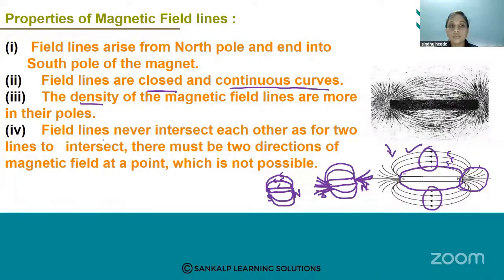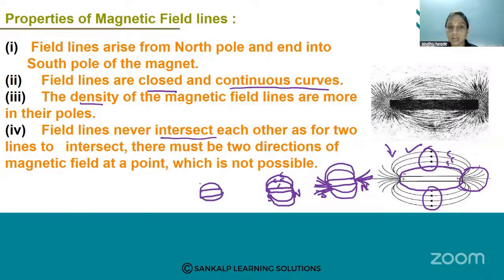Next one, field lines never intersect each other. See here, they never intersect each other. What does it mean? Intersect is nothing but merge, or what we call overlap. Overlap or merge or intersect, all are the same. Here the field lines never intersect each other.